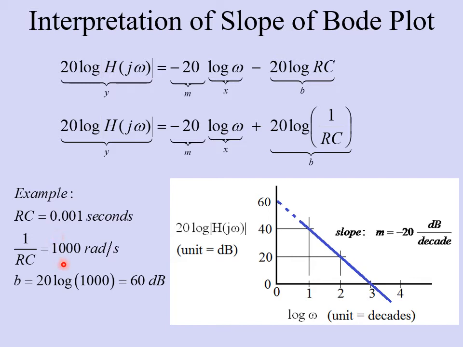So 1 over RC is 1,000 radians per second. This y-intercept is 20 log of 1,000, and log of 1,000 is 3, because there are 3 zeros. So 20 times 3 is 60. So 60 decibels would be the y-intercept. You can see for this curve, if you were to continue moving up, you would intercept over here at 60 decibels.